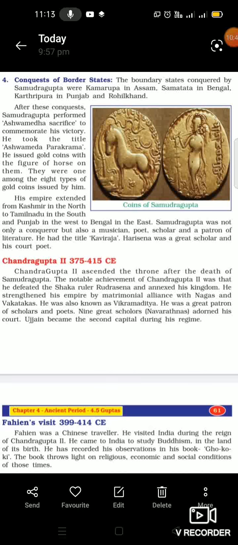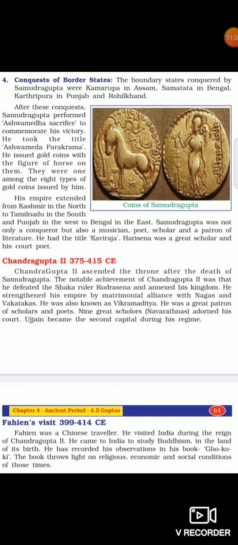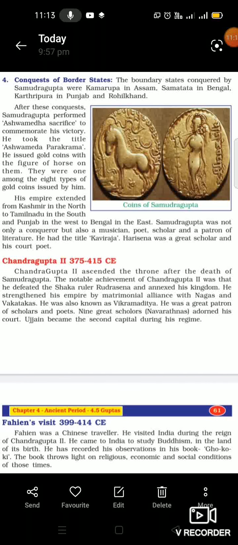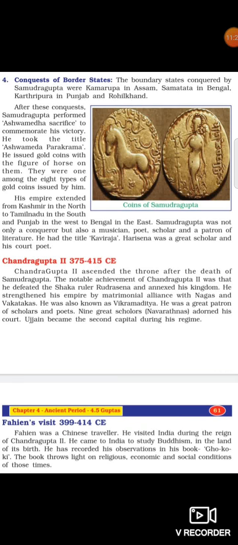My dear students, in today's lesson, we discussed the Guptas and the greatest king of this dynasty, Samudragupta, and his achievements and conquests. In the next class, we shall study the Gupta king Chandragupta II, and then the Golden Age.